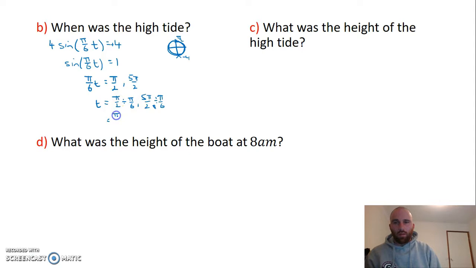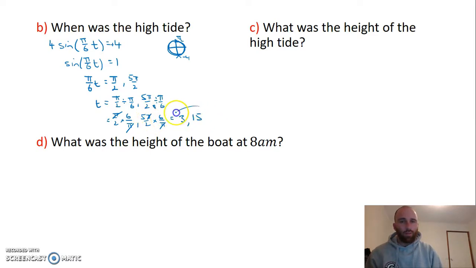So pi on 2 times 6 on pi, comma 5 pi on 2 times 6 on pi. Those pi's cancel out, and this becomes 6 divided by 2, which is 3. For the next one, the pi's cross out, 5 times 6 is 30, and 30 divided by 2 is 15. These are the 2 times that we're at the high tide.